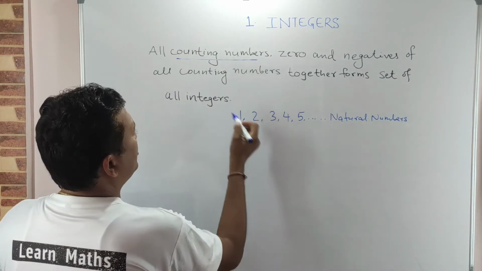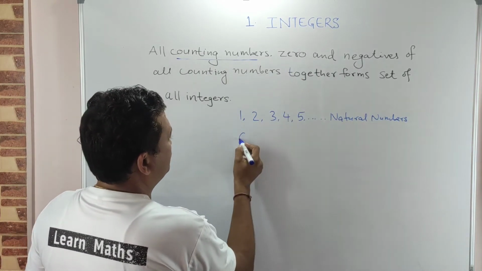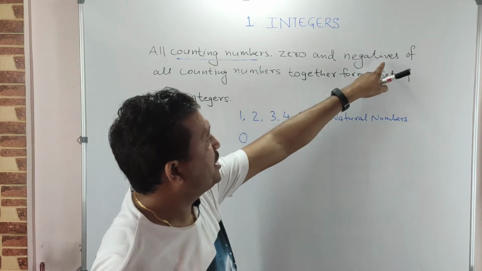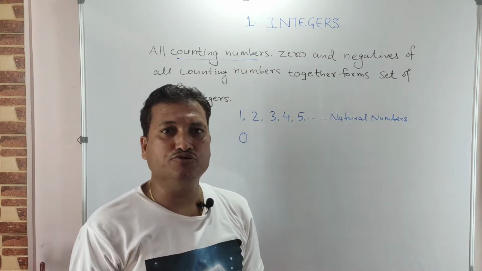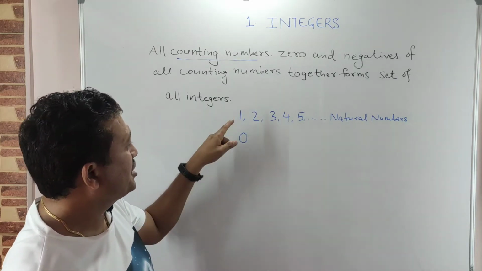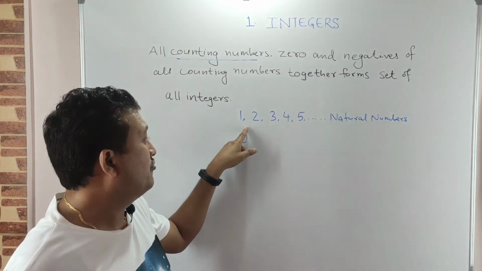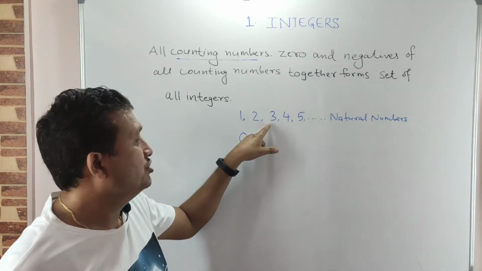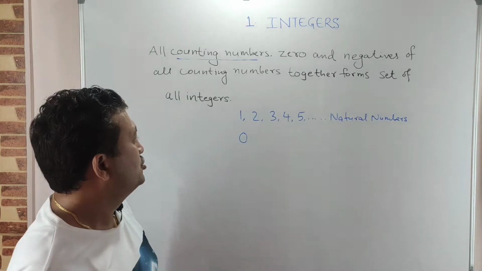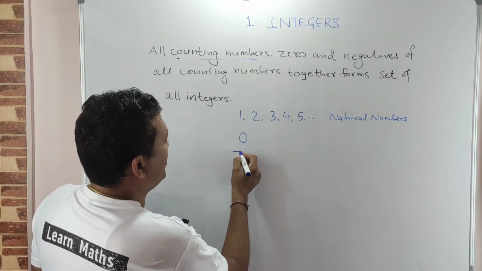So all counting numbers means 1, 2, 3, 4, 5 and so on, 0, and negatives of all counting numbers. Negatives of all counting numbers means negative of counting number 1, negative of counting number 2, negative of counting number 3. So negative of counting number 1 is -1.